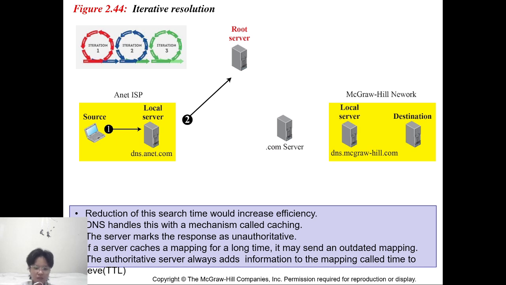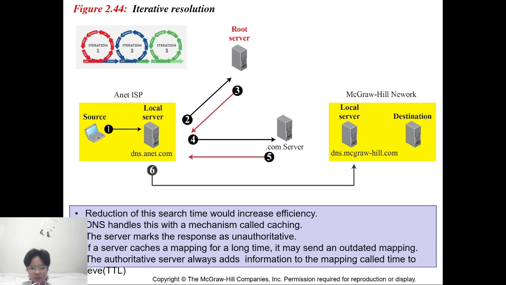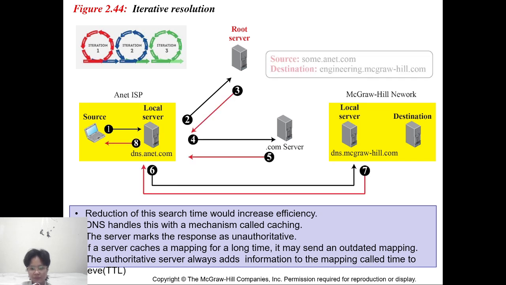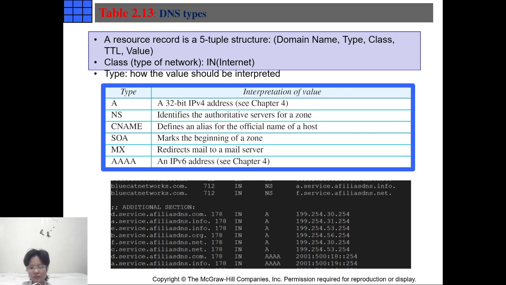If a server caches a mapping for a long time, it may send an outdated mapping. The authoritative server always adds information to the mapping called time to live, TTL. And this is how it works step by step. Also the same source and destination.